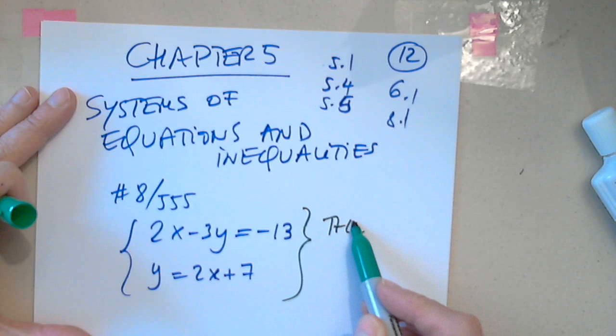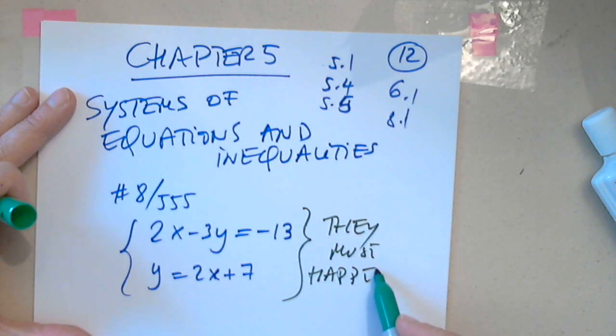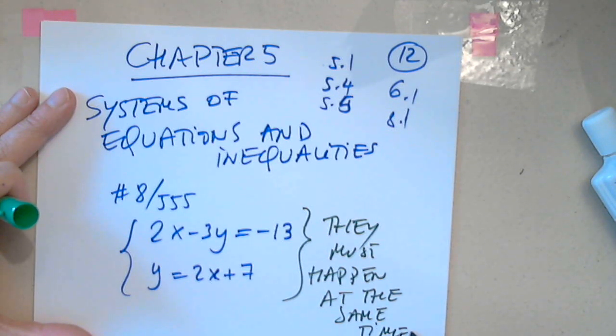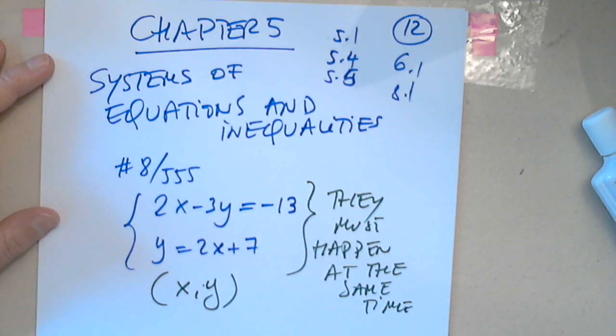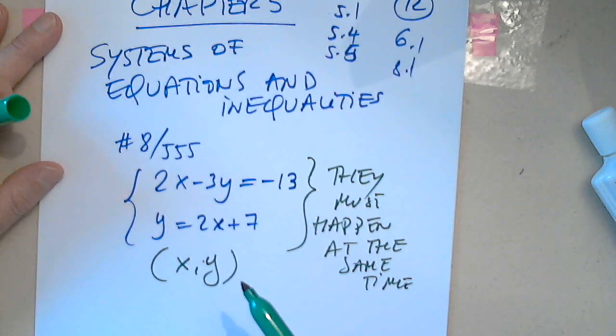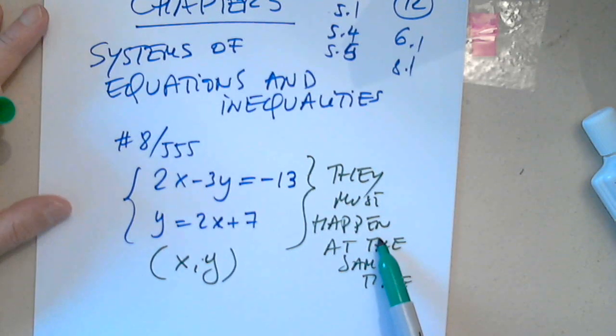They must happen at the same time. So in this case, we're going to be looking for an ordered pair that verifies both equations. If it doesn't verify both equations, then it's not what we're looking for.